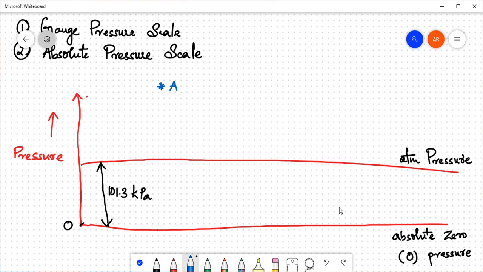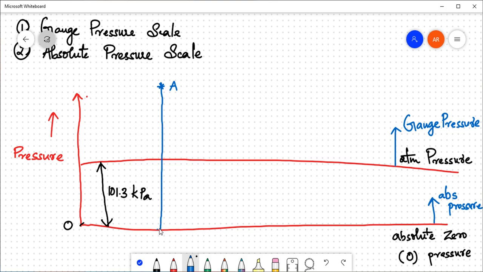When we are measuring the pressure with respect to absolute zero scale, it is known as absolute pressure. And when the pressure is measured with respect to atmospheric pressure scale, it is known as gauge pressure. So this vertical ordinate from absolute zero scale to point A represents absolute pressure at point A.